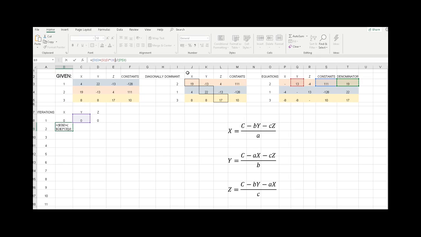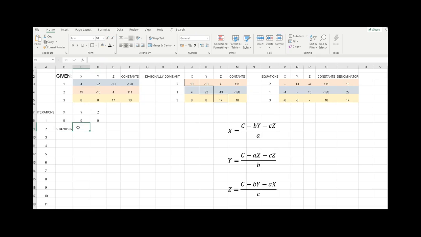So plus the quantity of C, coefficient of Z, C, again, doesn't change, dollar sign, multiplied by the value of Z, which again is our guess right here. For the Gauss-Jacobi equation is 0. Again, for the Gauss-Jacobi equation, the first 3 guesses are always 0. So we now have our first x value.